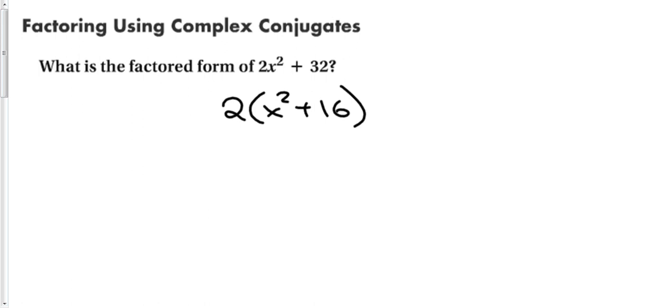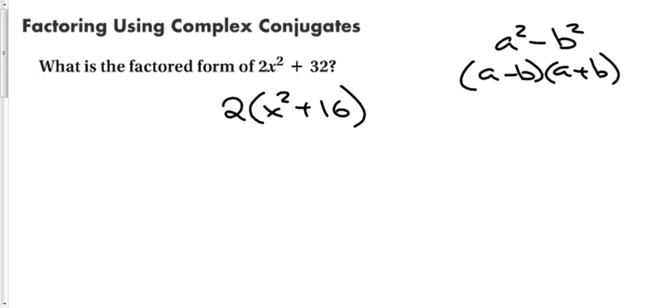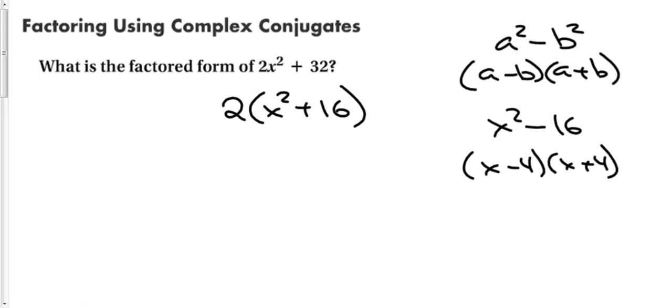The difference of squares, if you remember, a squared minus b squared factors into a minus b times a plus b. So if this problem said x squared minus 16, it would factor into x minus 4, x plus 4. But it doesn't say x minus 16. It says x plus 16.